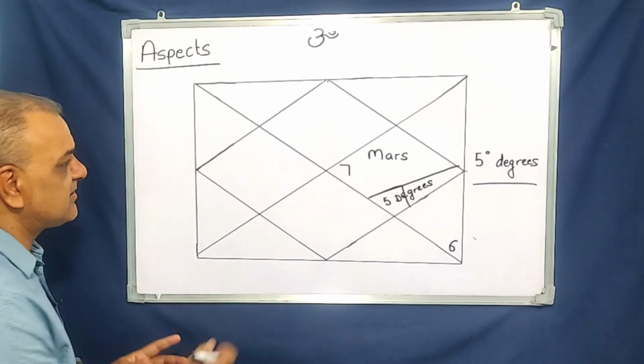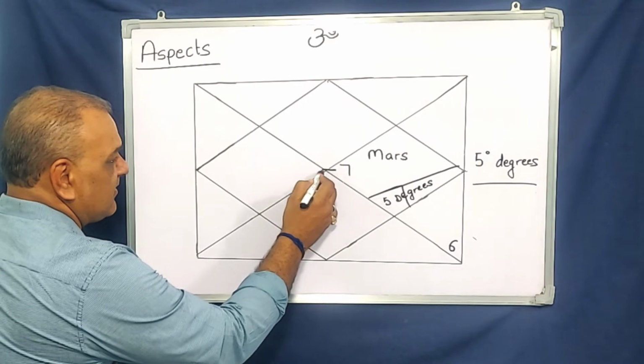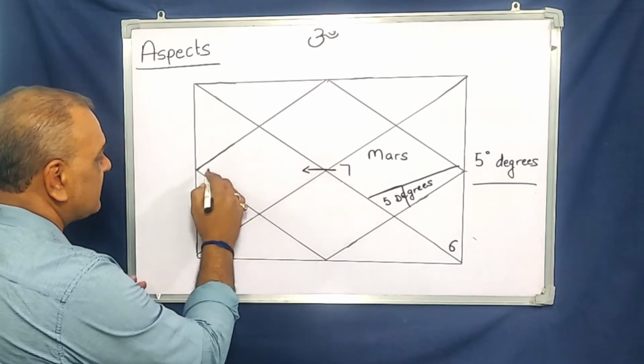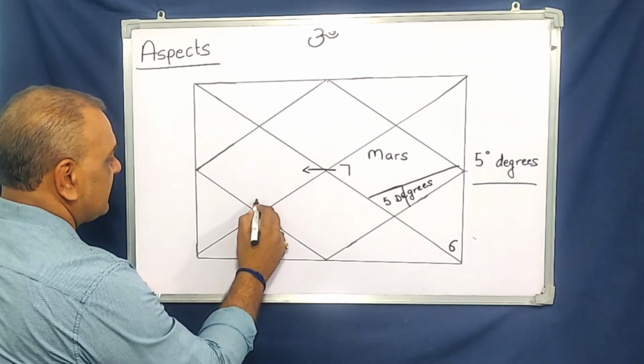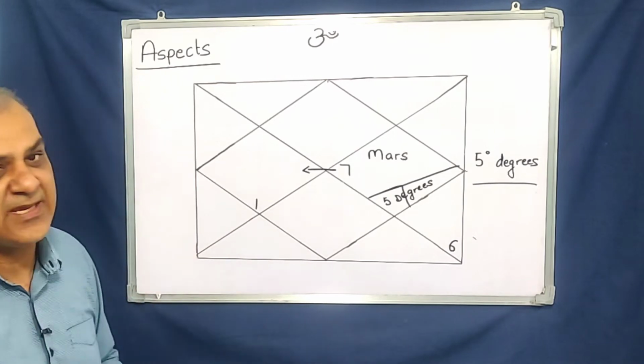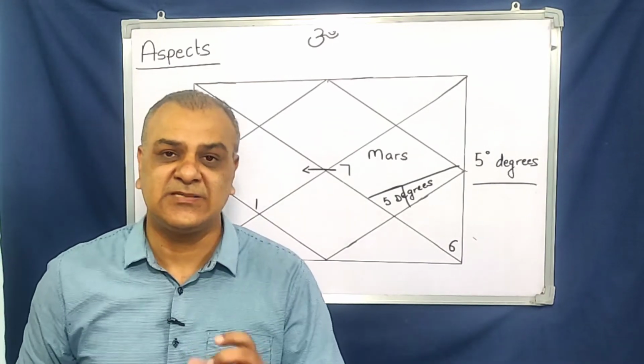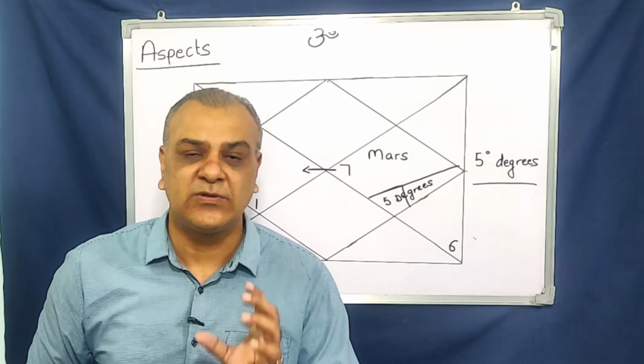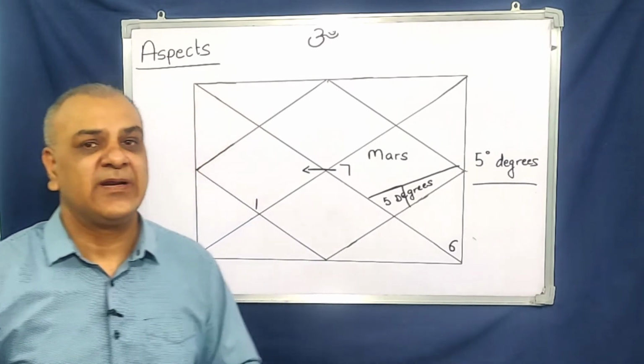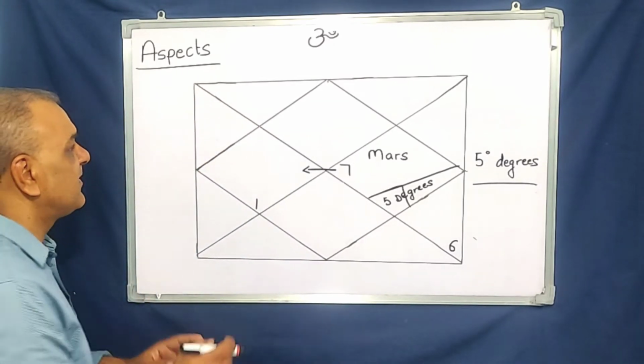So now Mars, let's say from here it will aspect the 4th house, and here let's say this is Aries sign. Mars will aspect the Aries sign as well as the 4th house, direct 180 degrees.